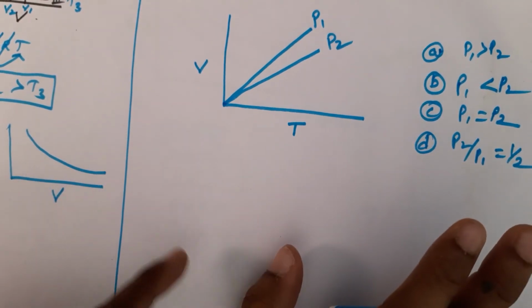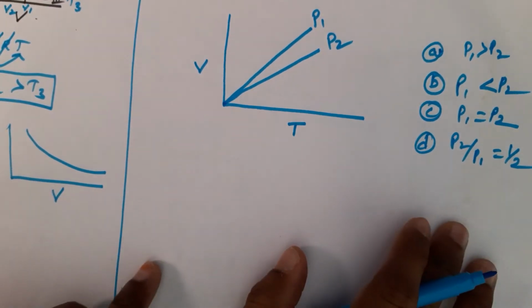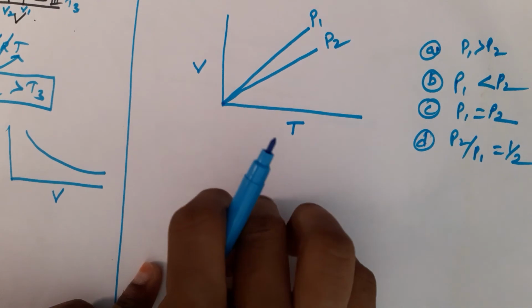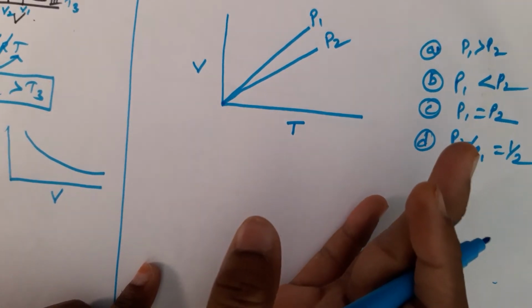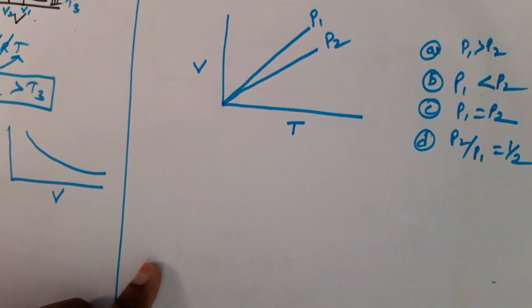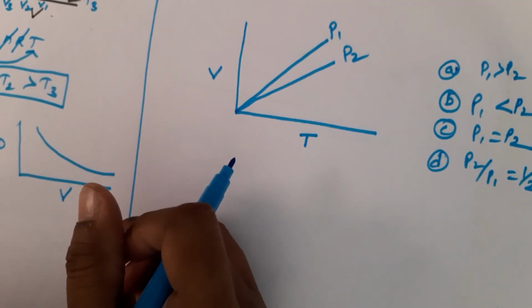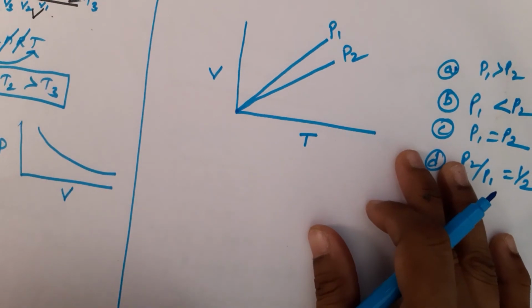Based on the ideal gas equation, what is constant here, students? Pressure is constant. In which law is pressure constant? Charles law.